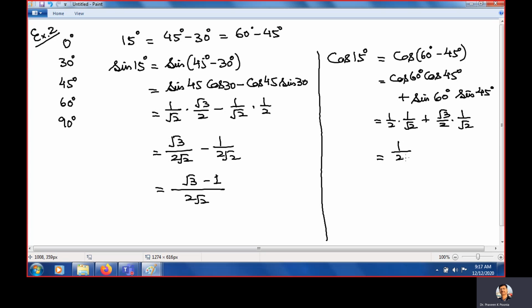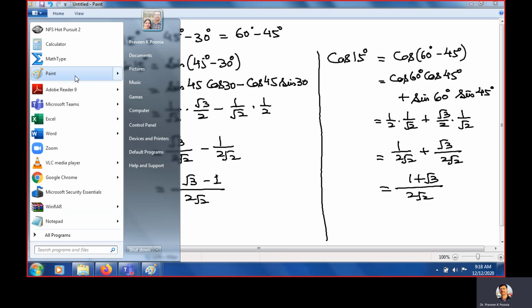So it is 1 upon 2 square root 2 plus root 3 upon 2 root 2. 2 root 2 is the LCM and the answer is 1 plus root 3. This is how we evaluate all these values. Clear? This is the second type of question.